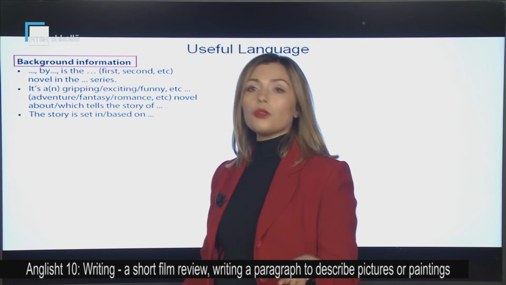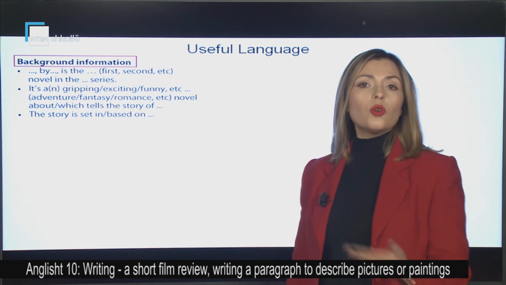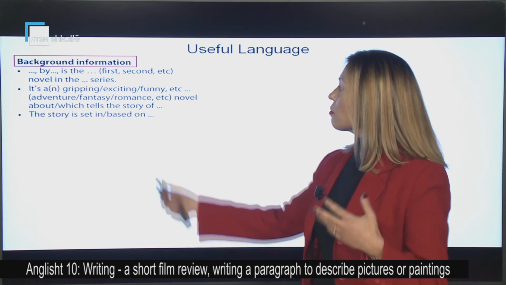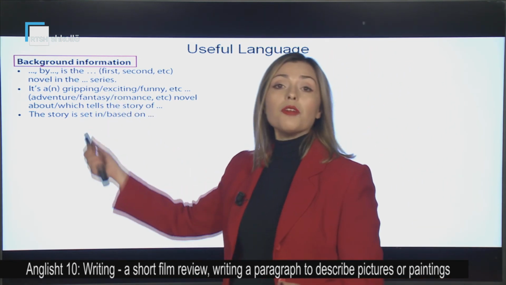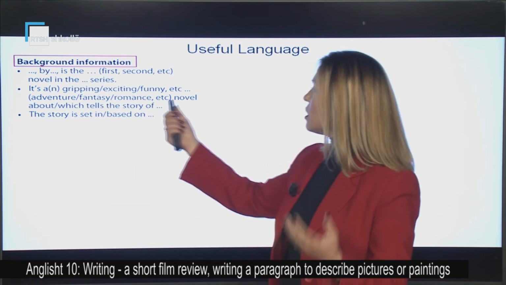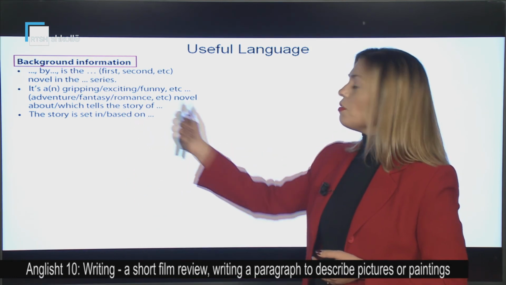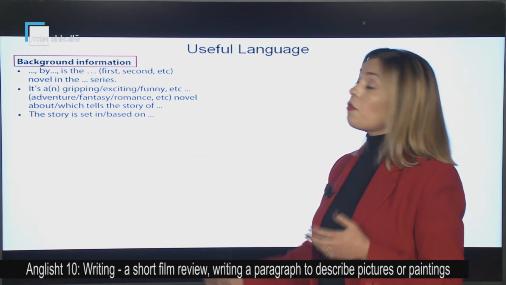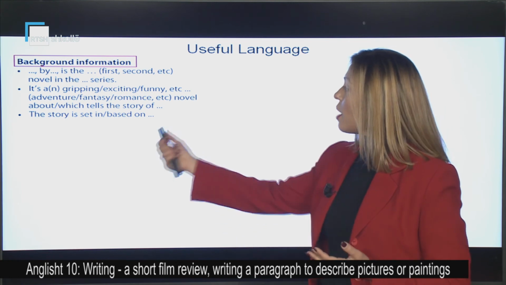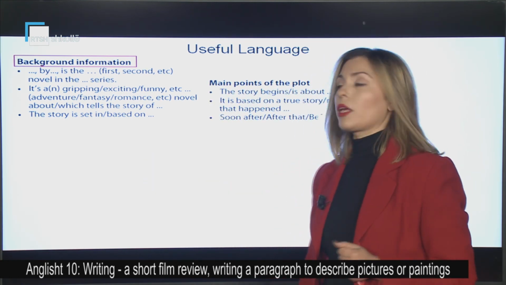By the author. We need to state the author. Is it the first or the second novel, in which series? We said very general information. It's a gripping story, it's exciting, it's a fantasy, it's a romance novel. That gives the story very generally. And the story is set in or is based on something.